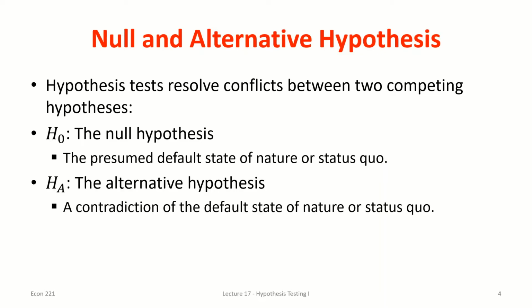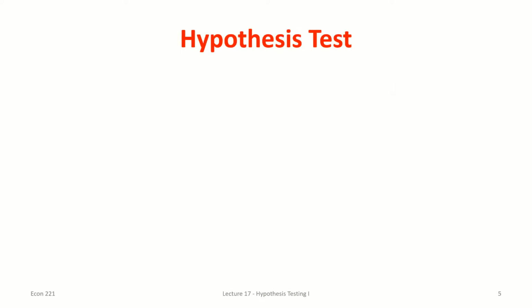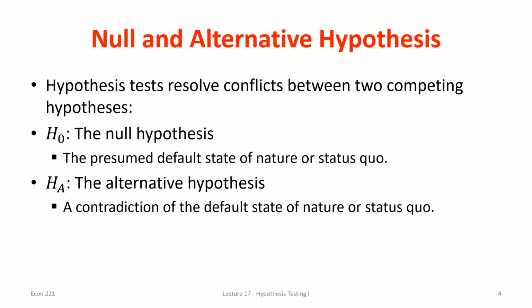The alternative would just be the exact opposite, a contradiction of that state, or the complement of whatever that assumed state is for the null hypothesis. And we'll write these as H subscript 0 for the null hypothesis and H subscript A for the alternative hypothesis.